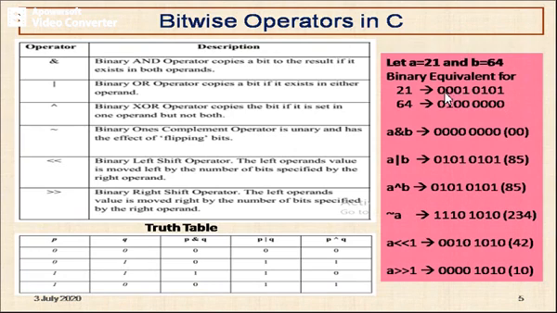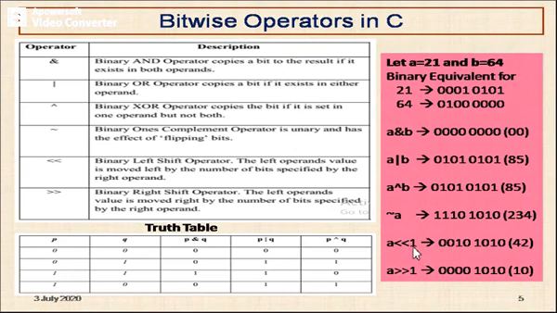So the leftmost bit will be dropped, because all the bits are shifted left by one bit. So the remaining values are 0, 0, 1, 0, 1, 0, 1, and finally it will add 0.